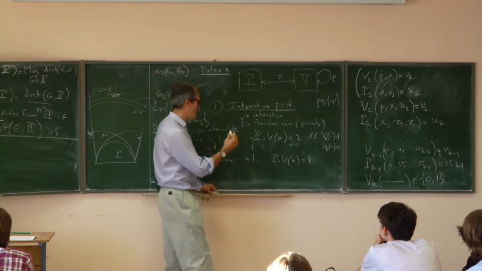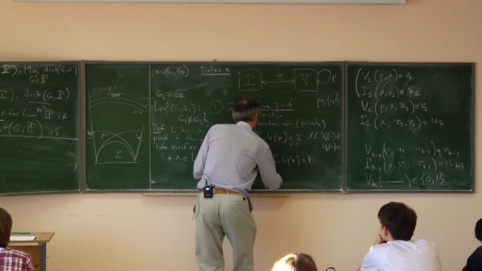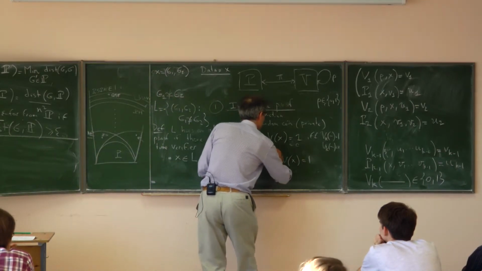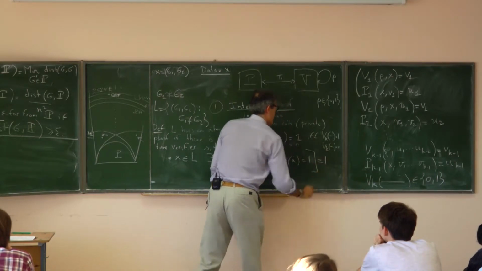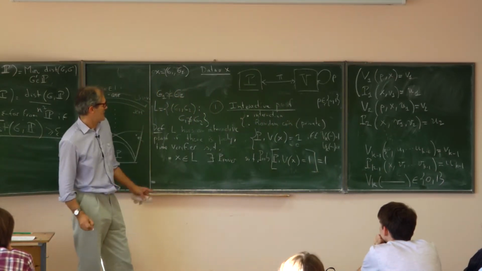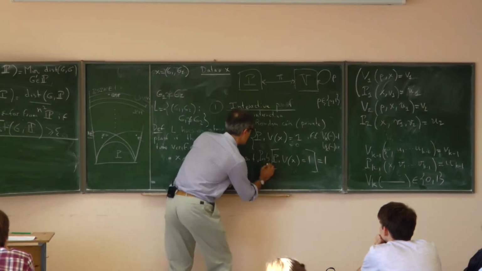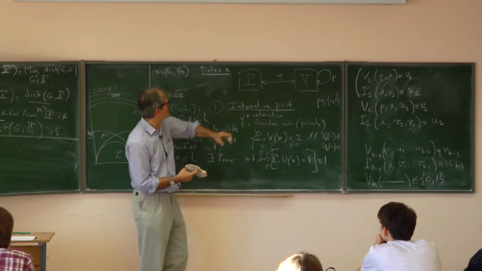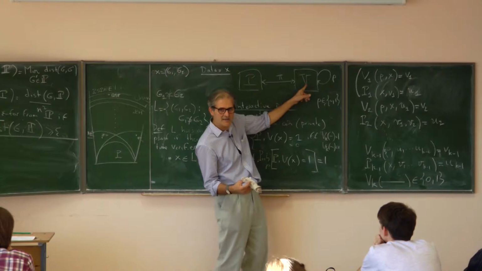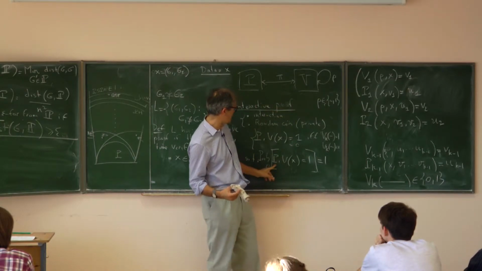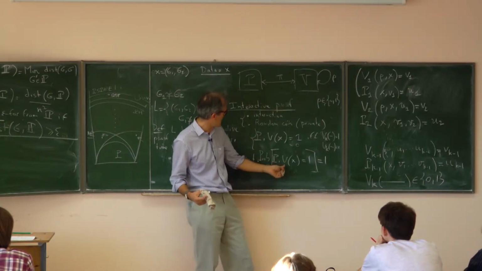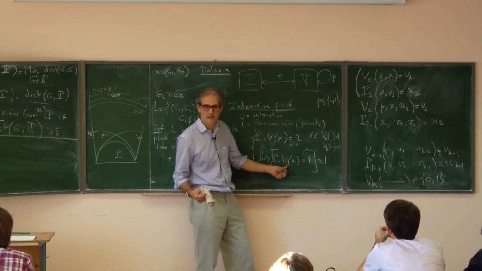To make the point, you can write it as: the probability that PV x equals 1 is 1, where the probability is over the random choices that the verifier has made. In other words, the verifier should always accept.